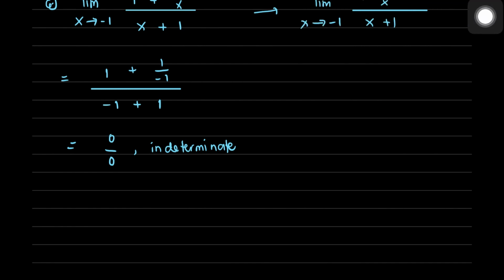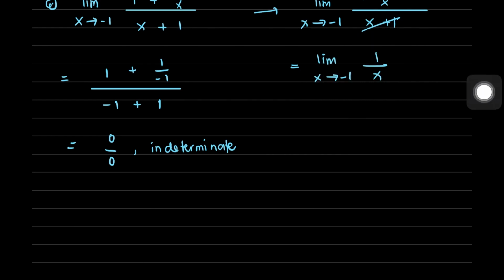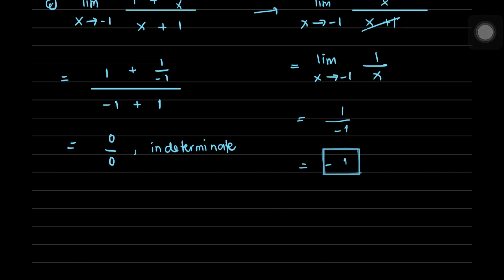So, if this one is cancelled out, therefore, the resulting function would now be equal to 1 over x as x approaches negative 1. So, if we're going to determine the function of negative 1 in here, we'll be having 1 over negative 1, or basically that's equal to negative 1. So the answer to this problem is negative 1.